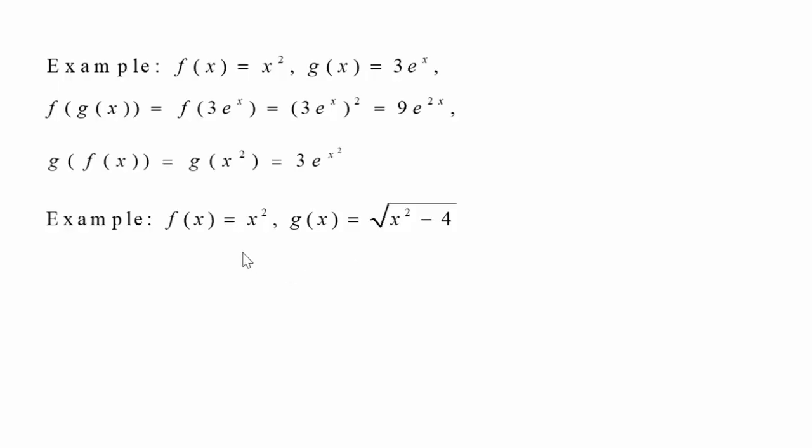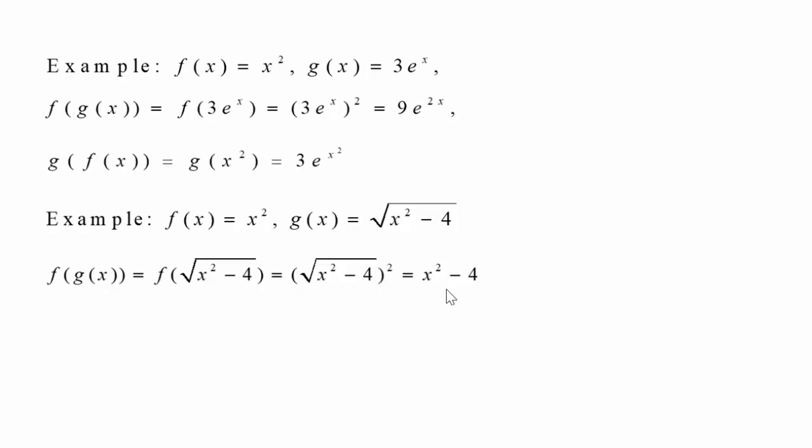We take another example. F of x is x squared and g of x is square root of x squared minus 4. So the composition f of g of x, g of x is input here. As you understand from the previous examples, very similar. We just need to do some simplification. Square root will cancel out with this square.